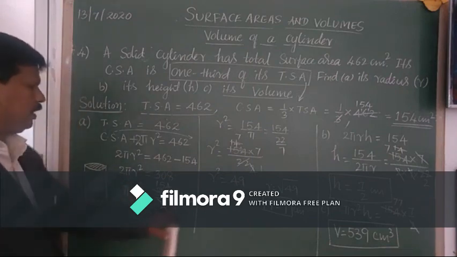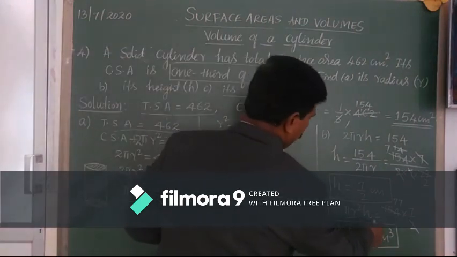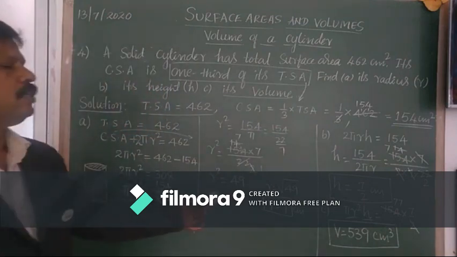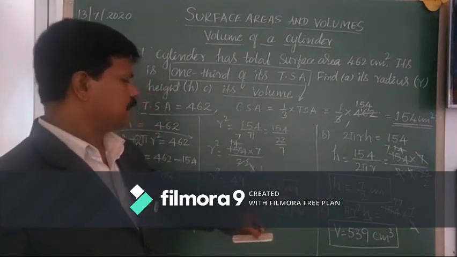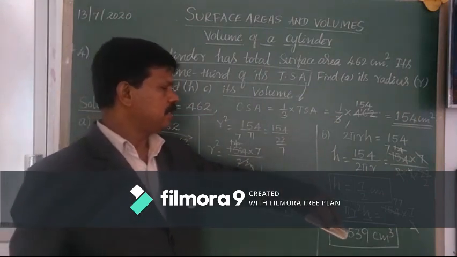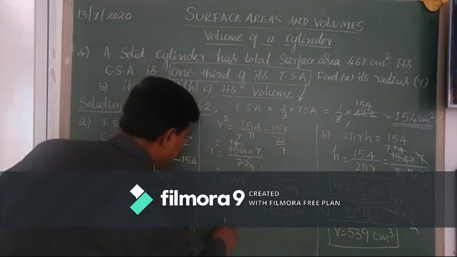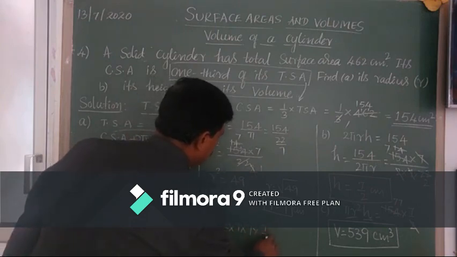Pi r square is 154. Because at the end you should multiply the base area into height. Otherwise you should substitute pi as 22 by 7, r as 7, into h as 7 by 2. Again you would do like that. See, 22 by 7 into r square, meaning 7 into 7, into h, meaning 7 by 2.